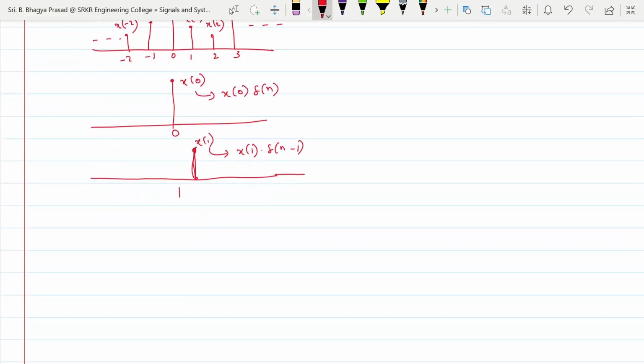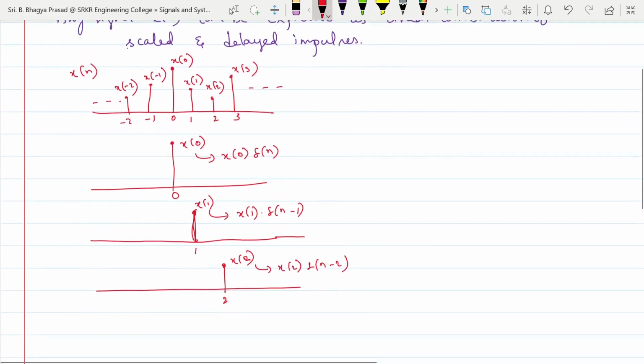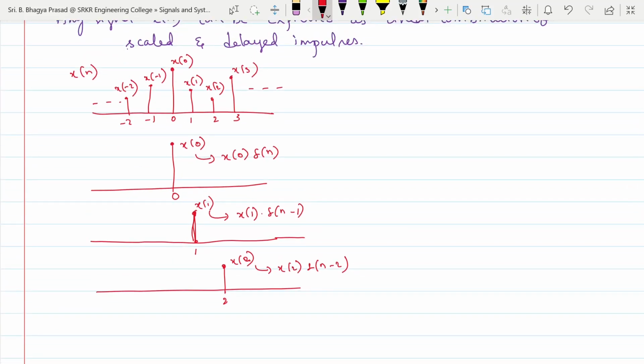Like this we represent the other values also. x2 is represented as x of 2 del of n minus 2. Like this, you represent each and every value in the sequence with the help of scaled and delayed impulses.